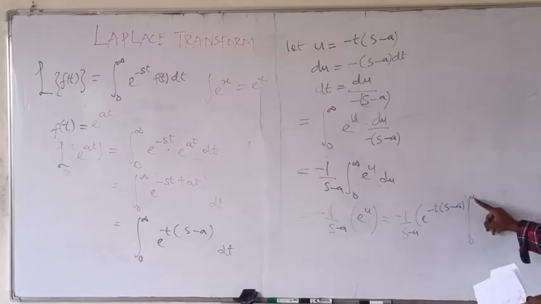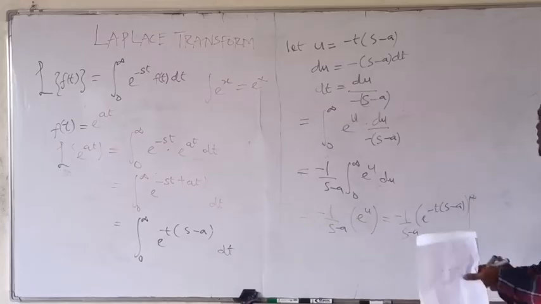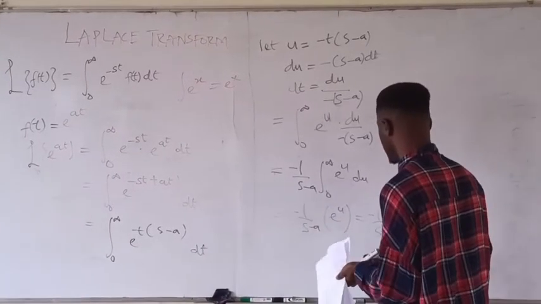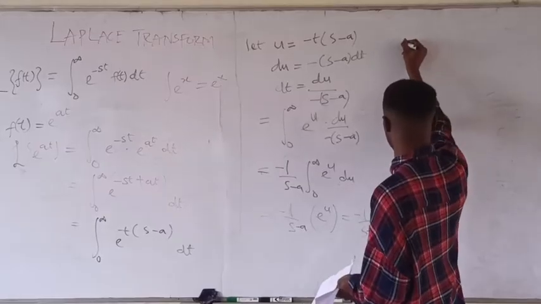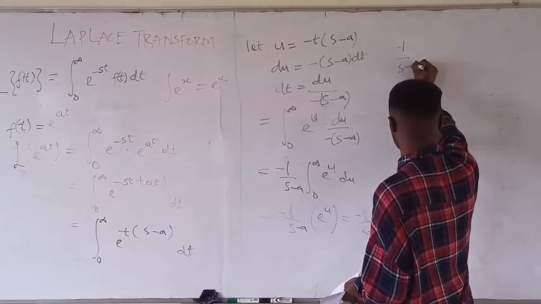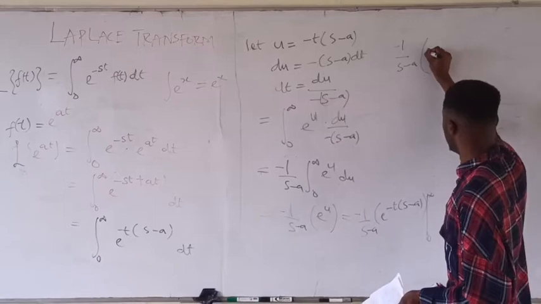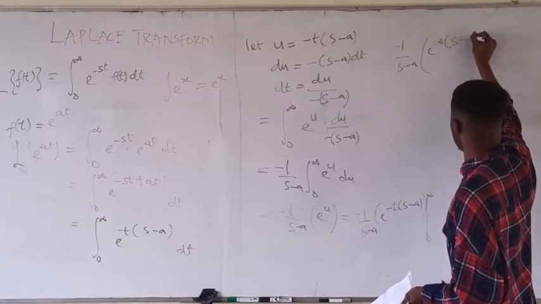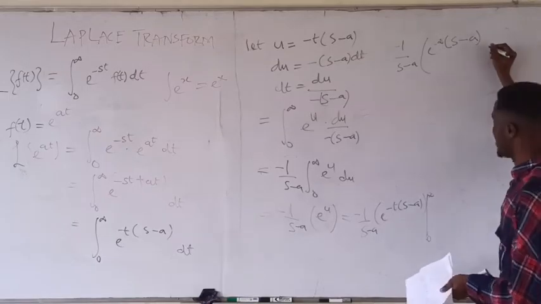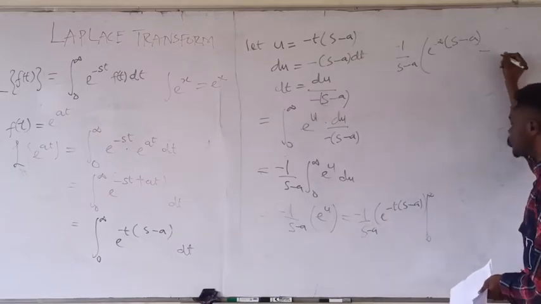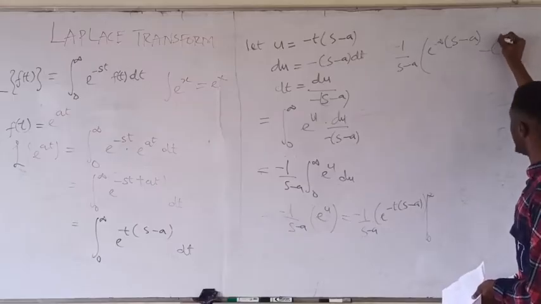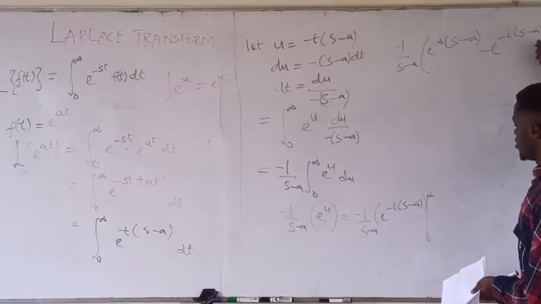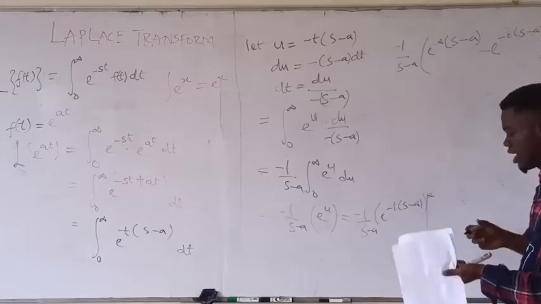So if you impute infinity into this integral, it becomes minus 1 over (s minus a) times the exponential of minus infinity times (s minus a), then minus the exponential of minus 0 times (s minus a). Alright, so this is what we have.